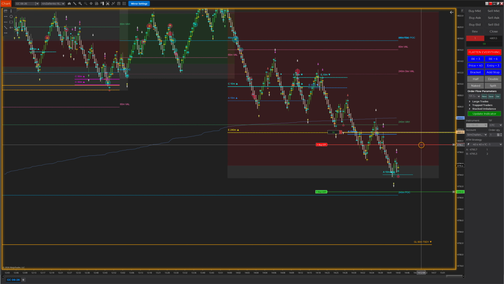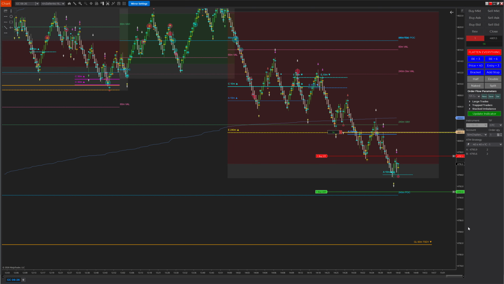Let's let it ride. We'll see what happens here. I put my stop back above the highest point there. We'll just get out.